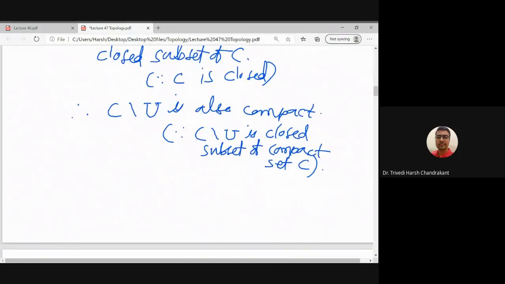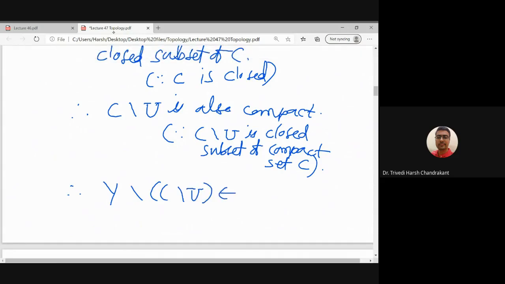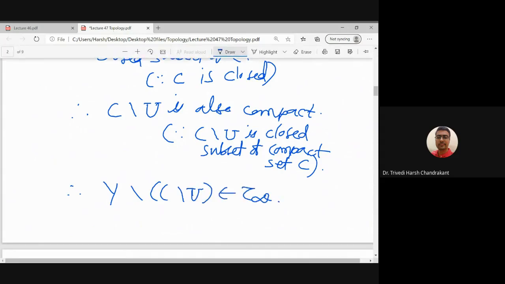So C minus U is compact, and once it is compact, therefore Y minus the compact set belongs to tau infinity, right? So this is actually of type 2, that a set belongs to tau infinity if it is type 2, if it is Y minus some compact set.